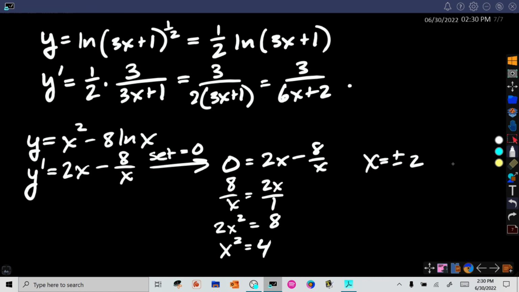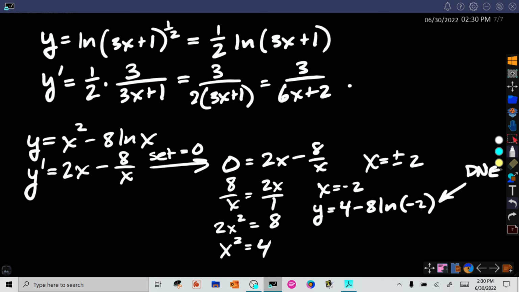Okay, so let's check for the y values. If I've got x equal to minus 2, y is going to equal 4 minus 8 natural log of minus 2. Uh-oh, that's a problem. This does not exist. You cannot take the logarithm of a negative number.